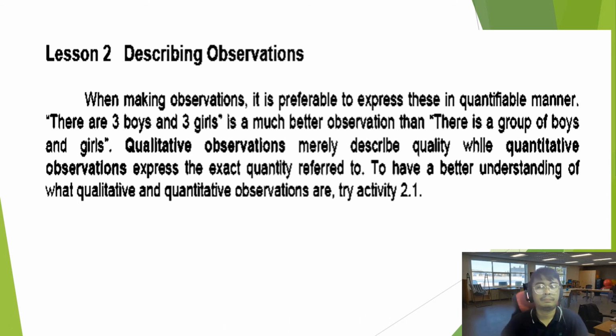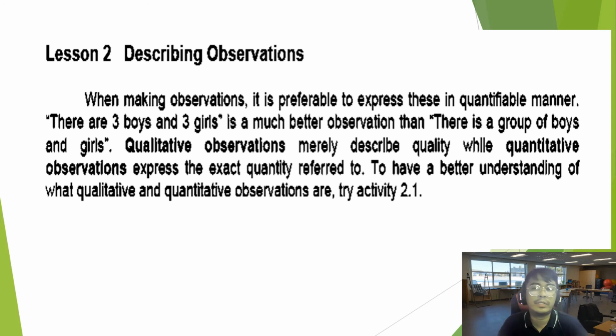Okay? There are 3 boys and 3 girls is a much better observation. Mas okay yan, di ba? Na-state mo yung specific number kung ilan yung lalaki and ilan yung babae, than saying that there is a group of boys and girls. So, yung isa, very specific. Yung isa, somewhat generalizing. Okay?